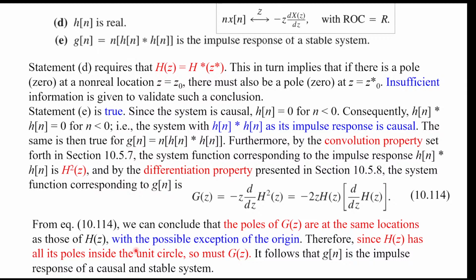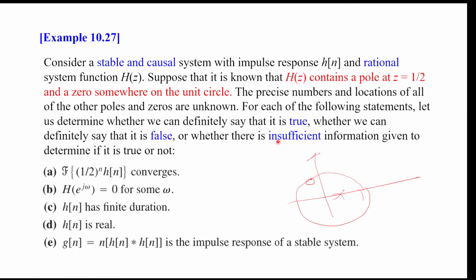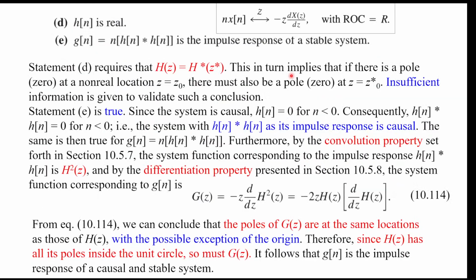So the poles of G compared to H are every pole of H except maybe a pole removed at the origin. But H(z) has all poles inside the unit circle because it is stable, causal and rational. So G(z) also has all poles inside the unit circle.